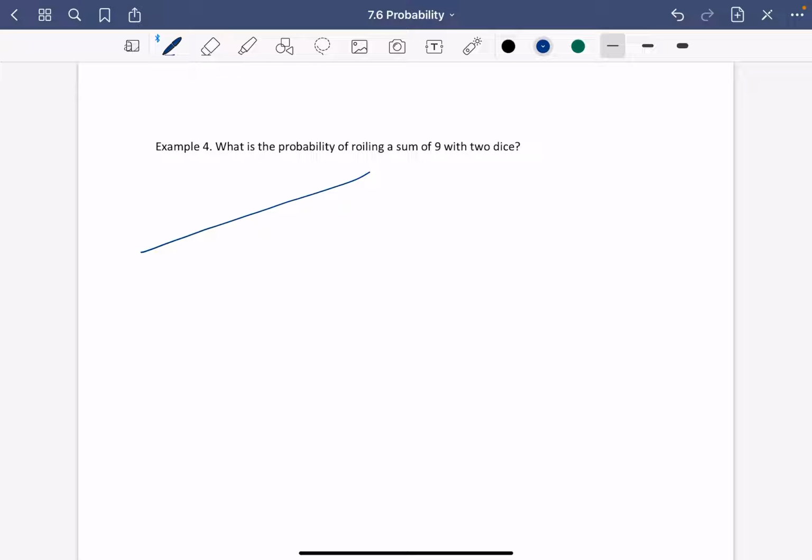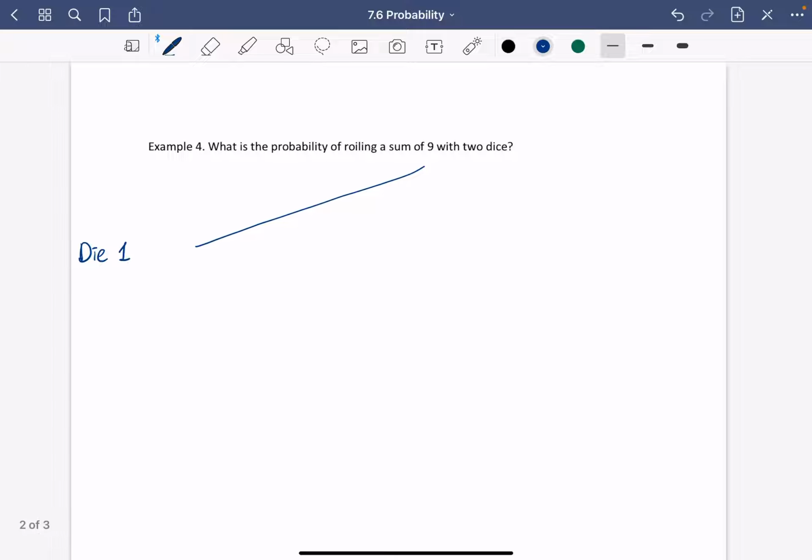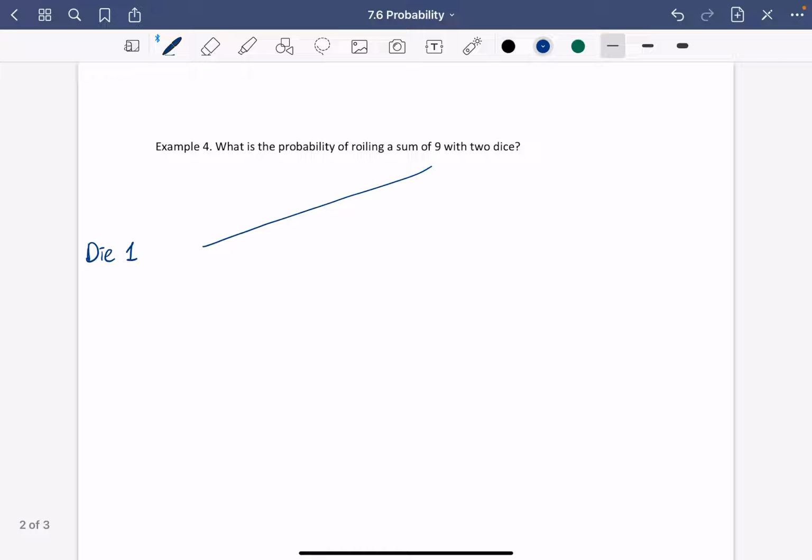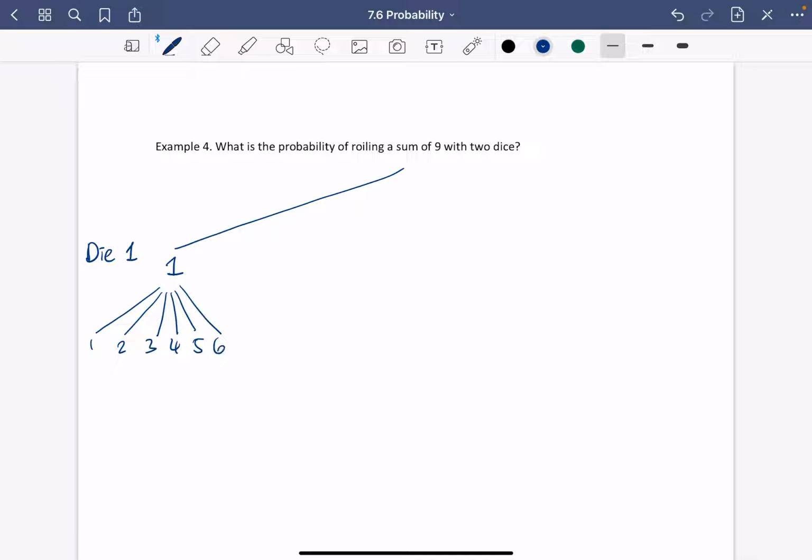If my first die, die number 1, is let's say a 1, then for my second die there will be 6 possibilities: 1, 2, 3, 4, 5, 6.